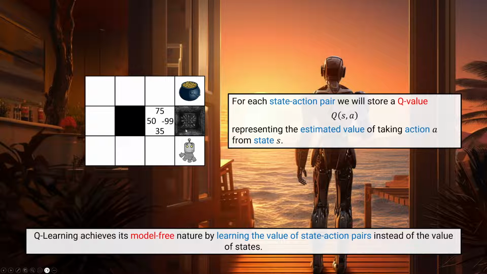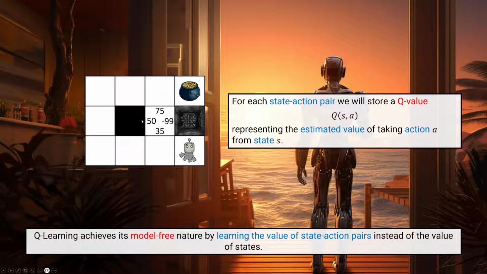But since the actual value of this pit might be minus 100, it may have learned that moving in that direction is minus 100. Now the other Q values here are going to take into account the discounted utility of distant actions. So this 75 here might be a 75 because to get to the pot of gold, which is our 100, it has to move through this other state. So it's saying the utility of going this way is 75 because it's in the direction of the pot of gold.